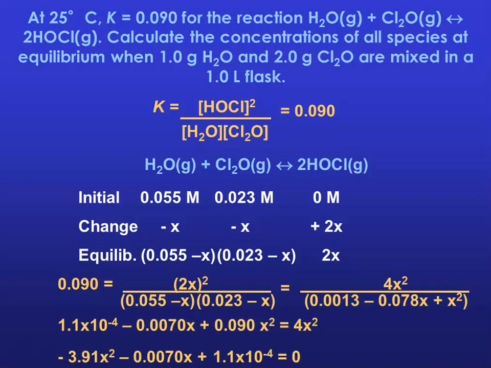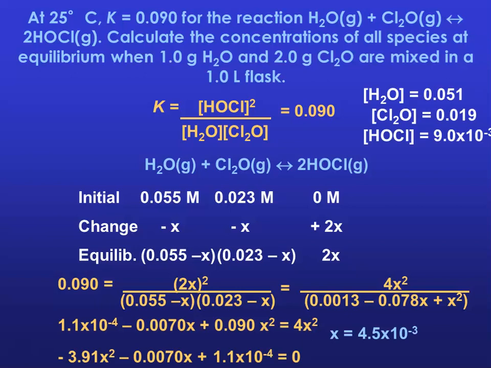When you do the math on your calculator, your x may be slightly different than mine, but it should be pretty close to 4.5 times 10 to the negative third. I would then plug that x into my equilibrium concentrations for water, dichlorine monoxide, and HOCl. And that's when I got 0.051, 0.019, and 9 times 10 to the negative third.